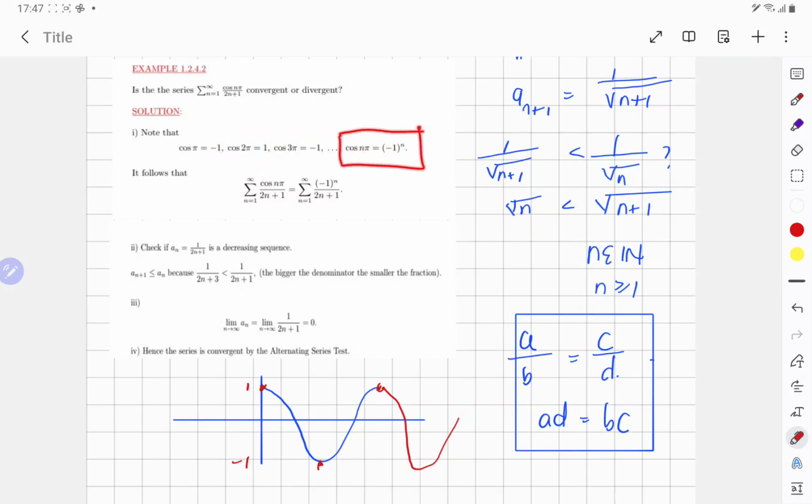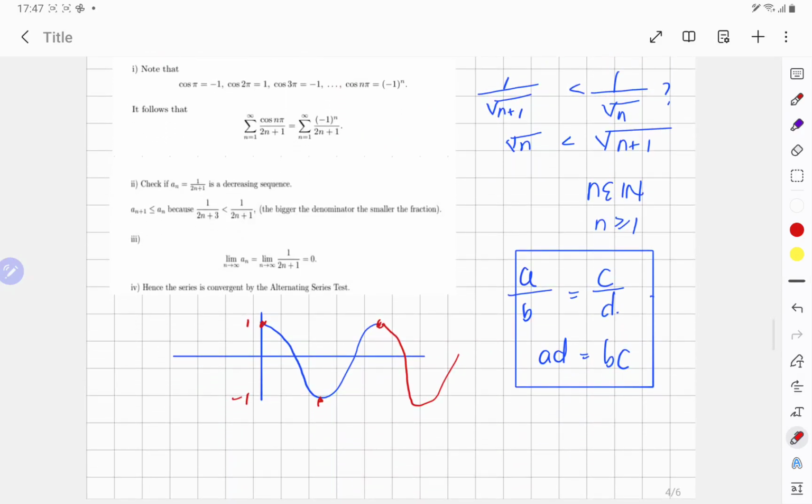I want you to really study that. Hence, you should see in the test that cos(n pi) is (-1)^n, and we're going to use the alternating series test. So make sure you are confident with that.